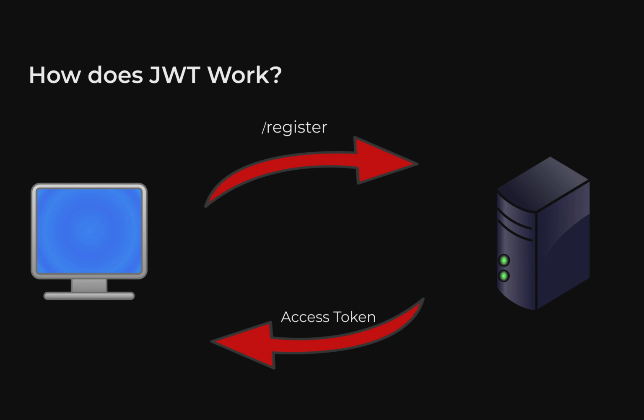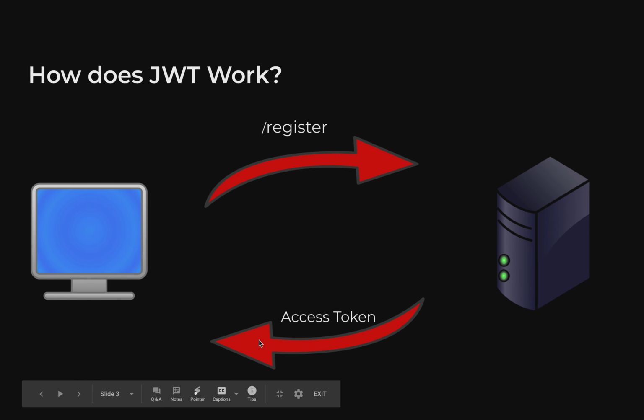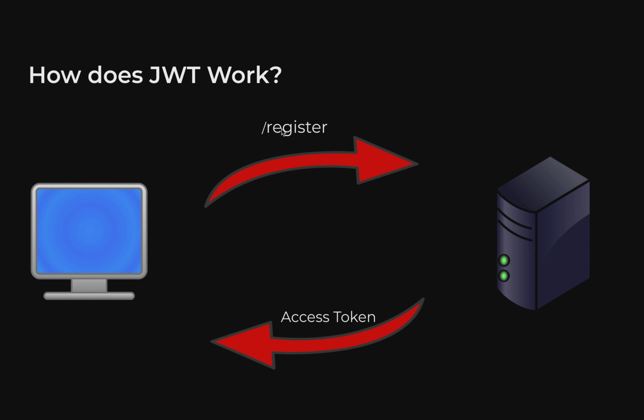Now I'm going to show you an example of how JWT will actually work in our application. This is our client over here, and these are the routes we're sending it to. This is the server, and here is how the client and the server are communicating. To register an account, the client sends a request to the server with the route register and puts in their details.